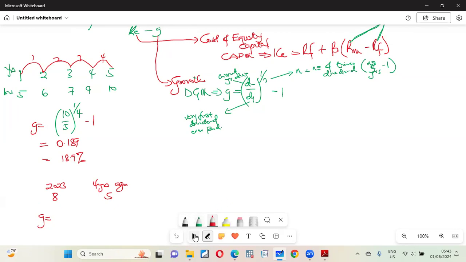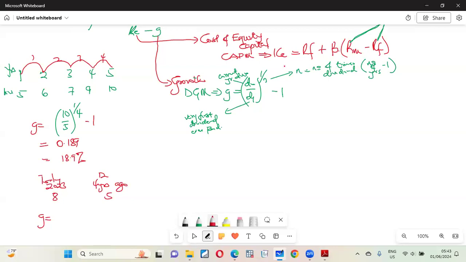D0, D1, give me the figures. So dividend today, 2023, is 8, and dividend 4 years ago was 5. Who is willing to help?